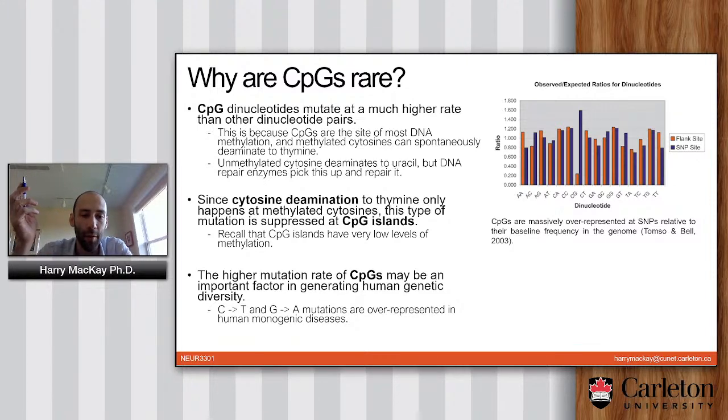These mutations are overrepresented in human monogenic diseases, which we'll get into a little bit. Basically, the SNPs that contribute to diseases have more of these mutations at CG sites than you would expect.